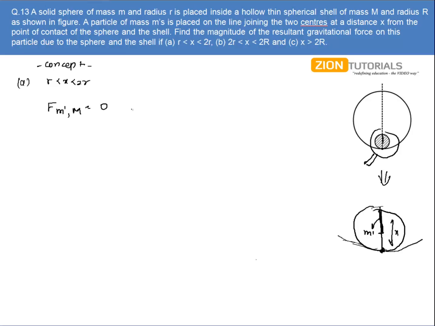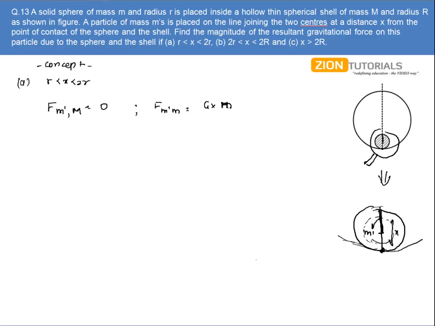But there will be a force acting on m dash due to small m, given by G into m1, the mass of the sphere whose radius is x minus r.